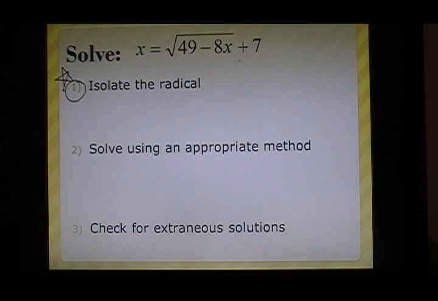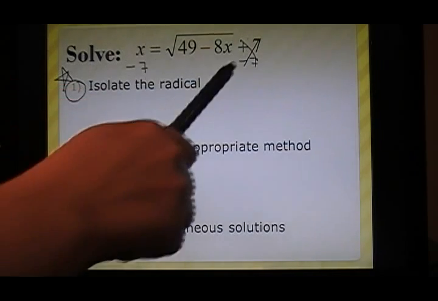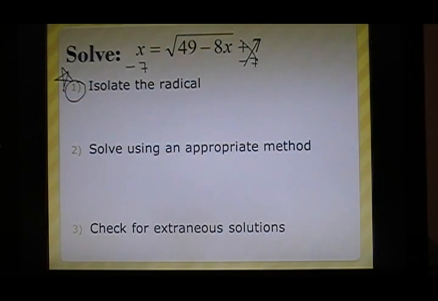So we're going to subtract 7 from both sides of our equation. That makes the square root all by itself on the right-hand side, which is our goal. So our equation now is x minus 7 equals the square root of 49 minus 8x.